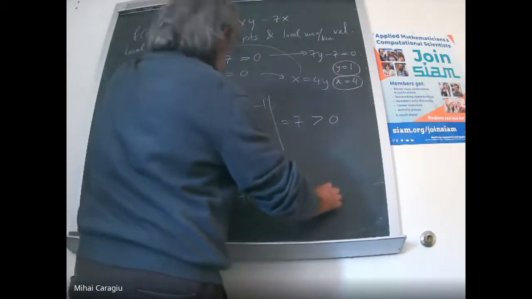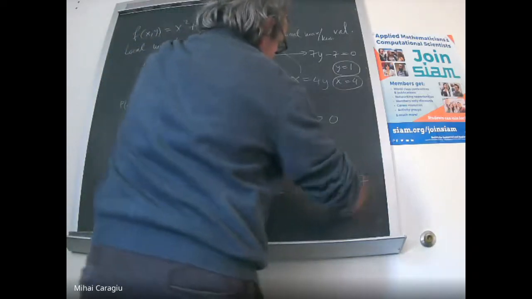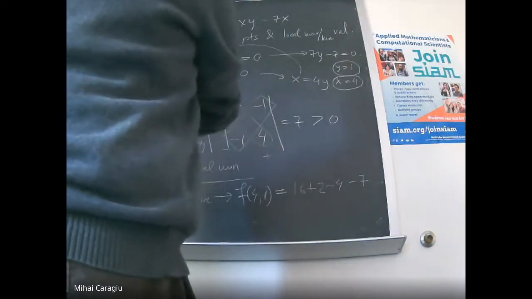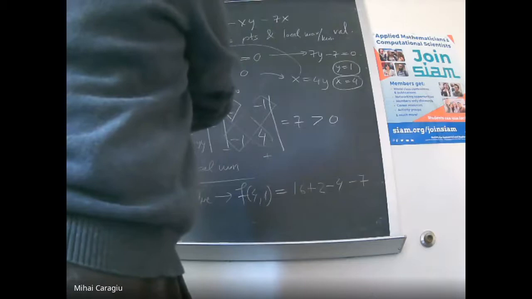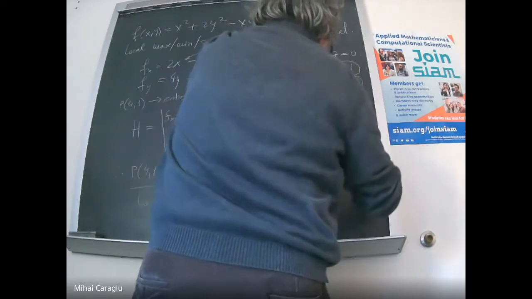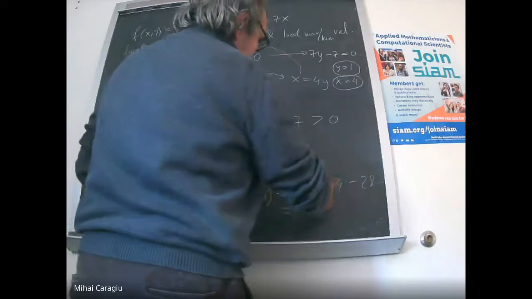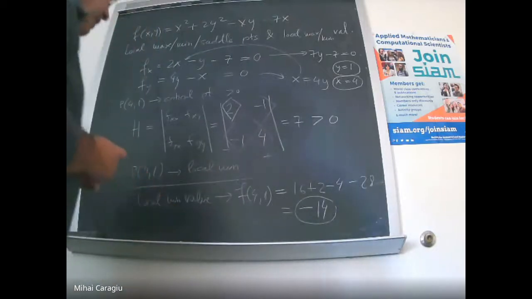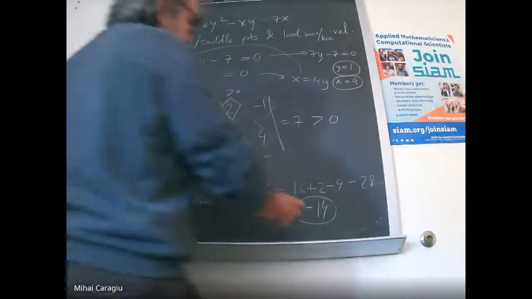So x squared is 16, plus 2y squared is plus 2, minus x times y is minus 4, minus 7 times x is minus 28. And this will be 18 minus 4 is 14, minus 28 is minus 14. So the critical point is 4, 1, and the local minimum value is minus 14.